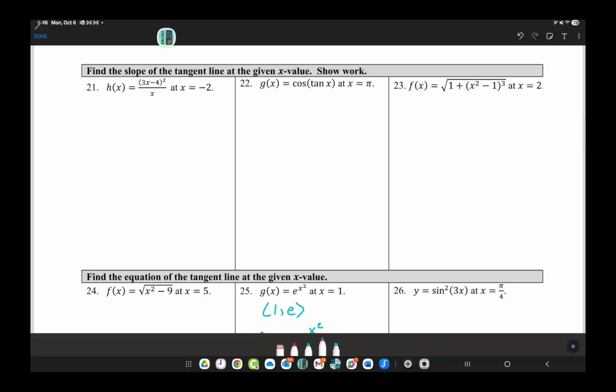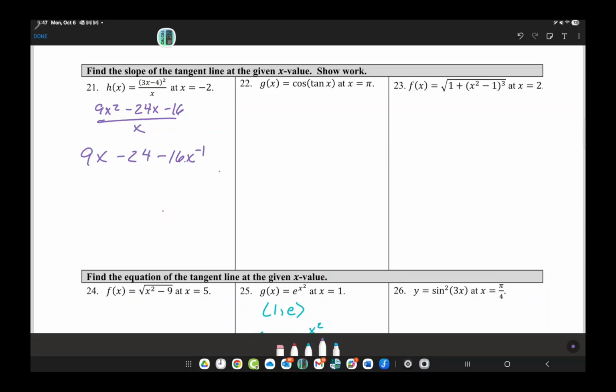How could you make this easier? Rewrite it. Now it's just power rule.